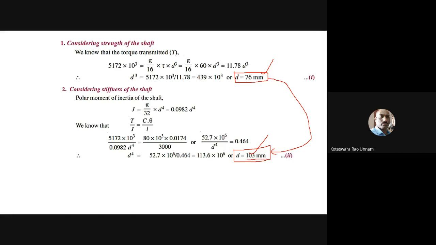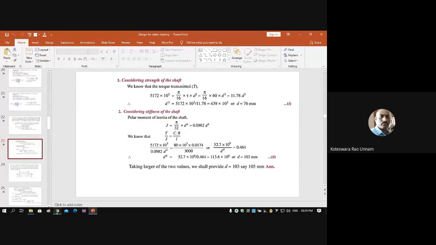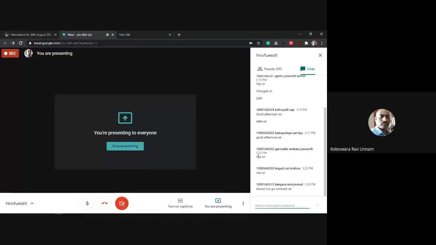Now you tell me which diameter I need to choose for the shaft. First I'll ask for your response, then I'll explain which value you need to choose.